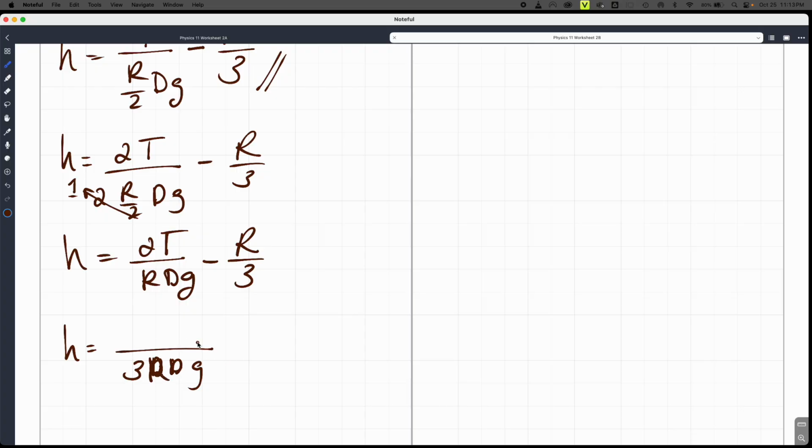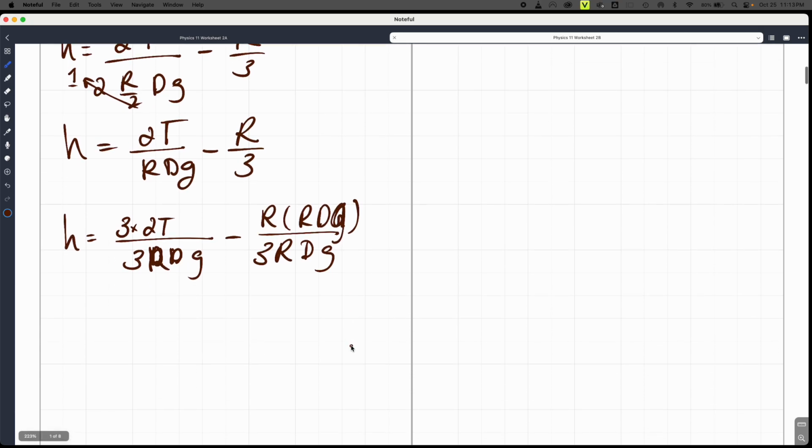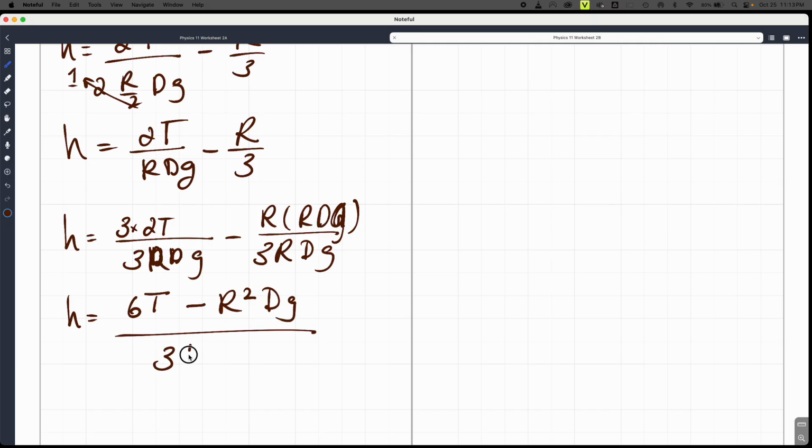And to achieve that, we'll have to multiply the numerator 2t by 3, and for the r over 3 term, we'll have to multiply the numerator by r dg. So this is h equals (6t minus r squared dg) over the common denominator 3r dg. So we'll accept that as well.